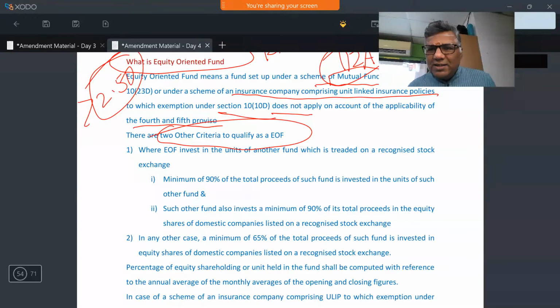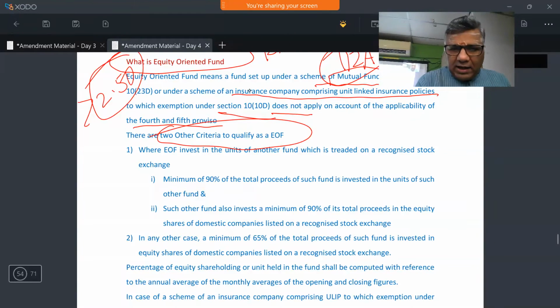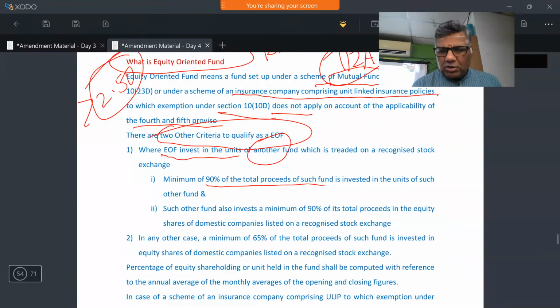Unless it is investing in the listed entity, why am I giving that 10% benefit? Where equity oriented funds invest in the units of another fund which is in a recognized stock exchange, minimum 90% of such fund is invested in units of such other fund, and such other fund also invests 90% in the equity shares of domestic companies listed in a recognized stock exchange.